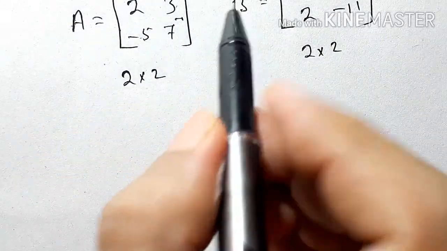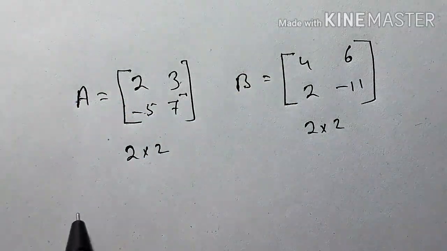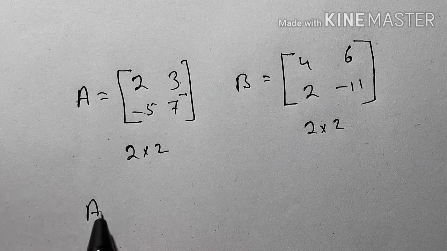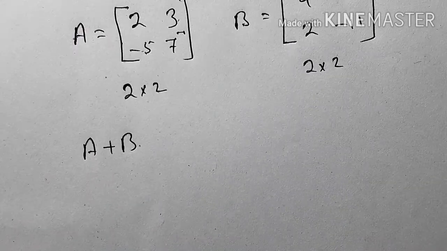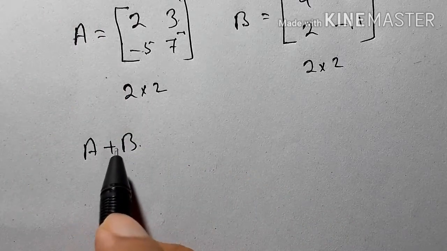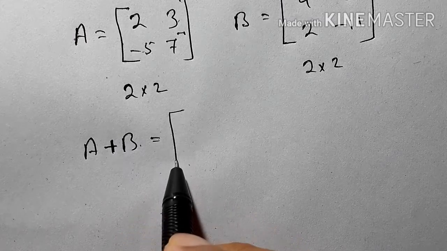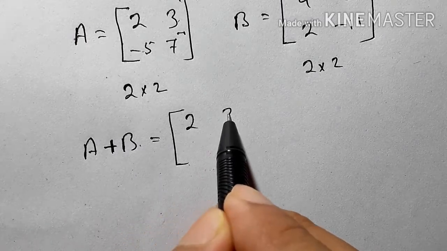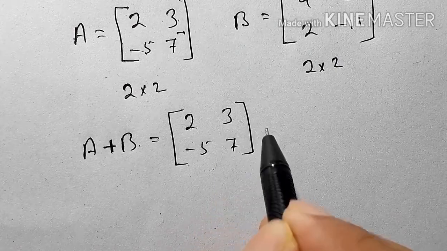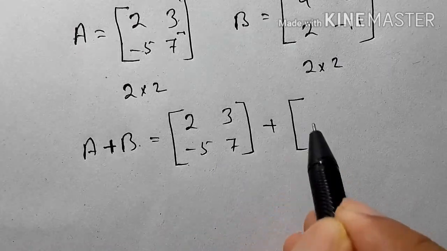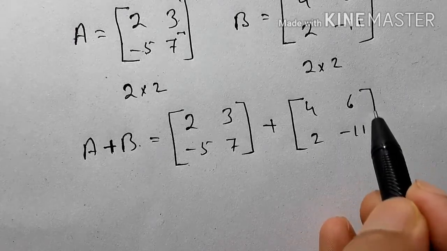So addition is possible. We can now add A and B with the plus sign: 2, 3, minus 5, 7 plus 4, 6, 2, minus 11.